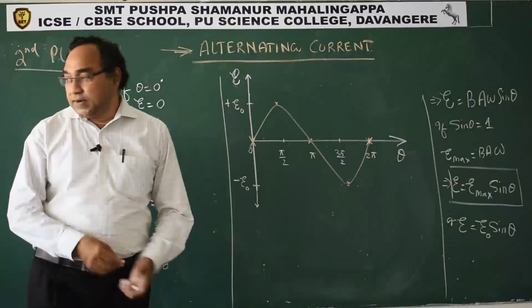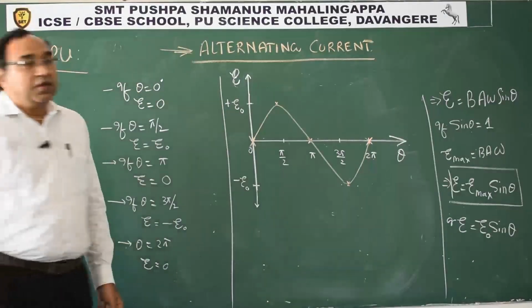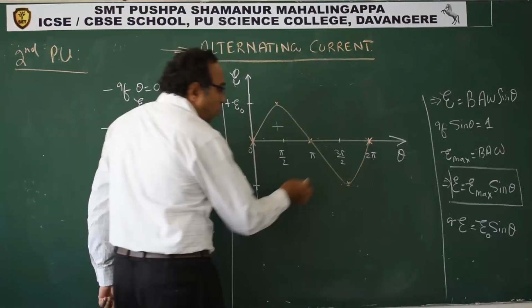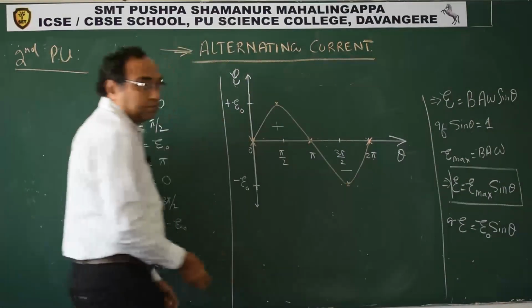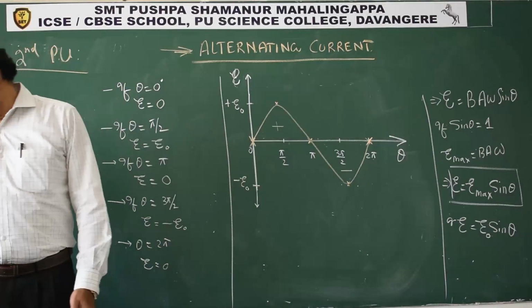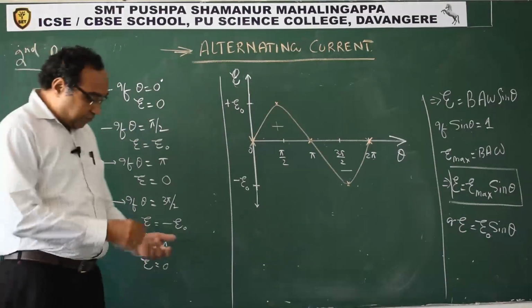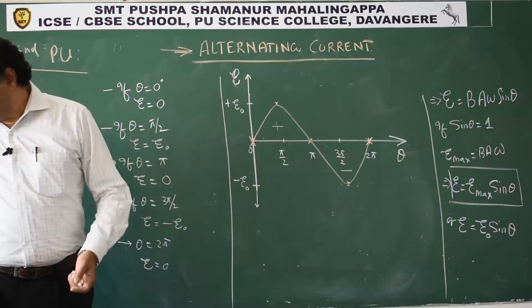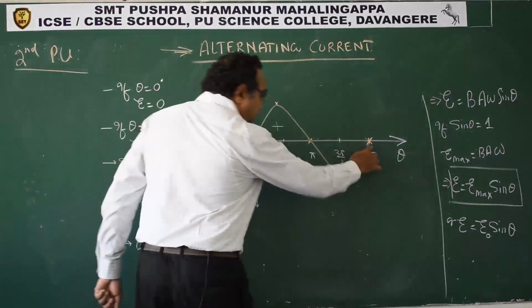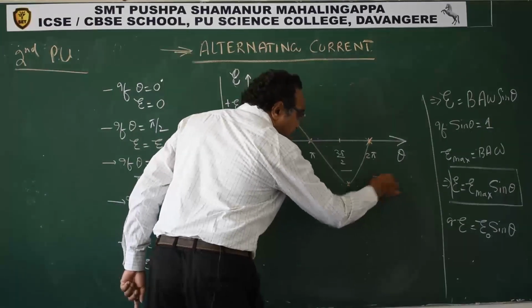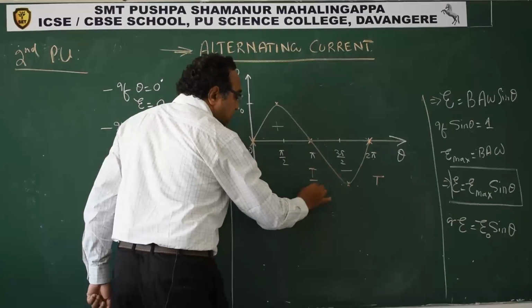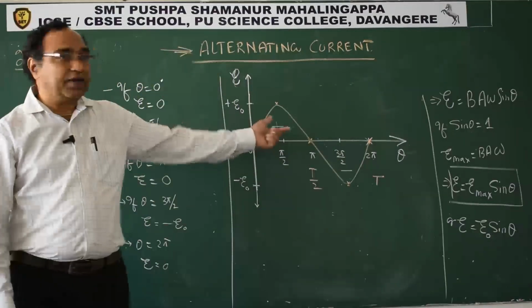So what we find is, we are finding one positive lobe, one negative lobe. What is the meaning? This means, if I say that this complete is one time period, then this will be half time period. Then what we conclude?